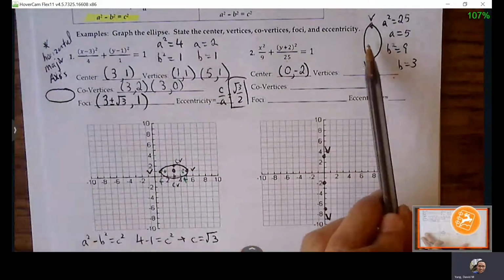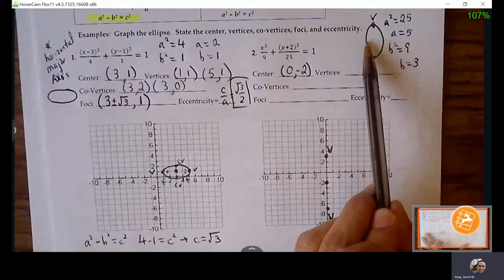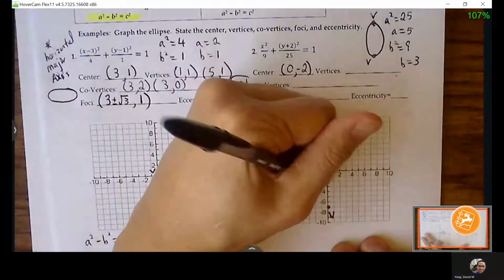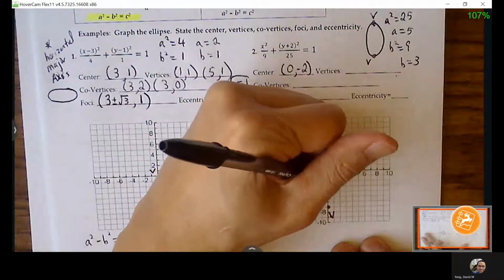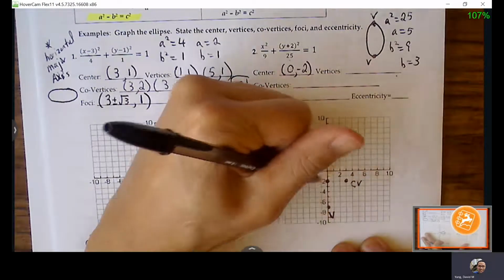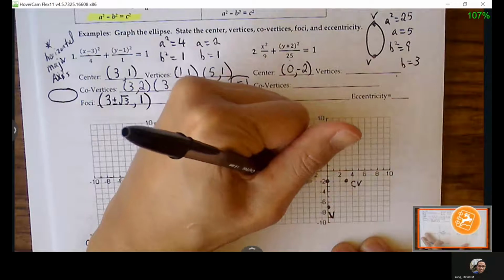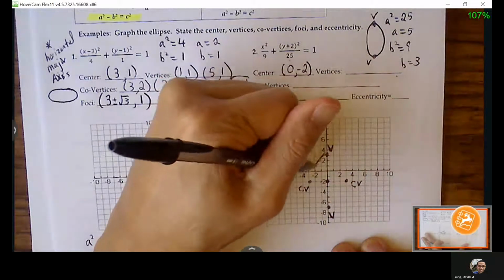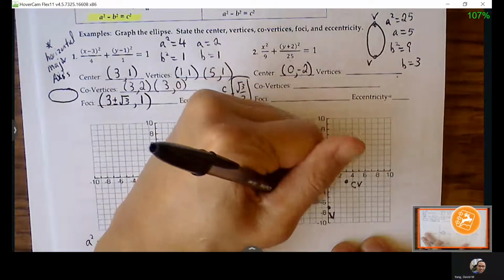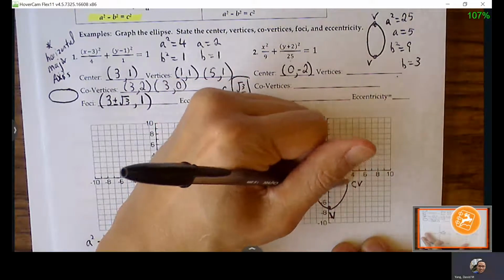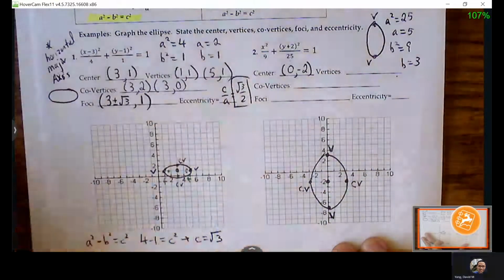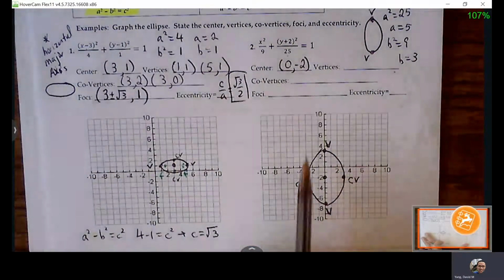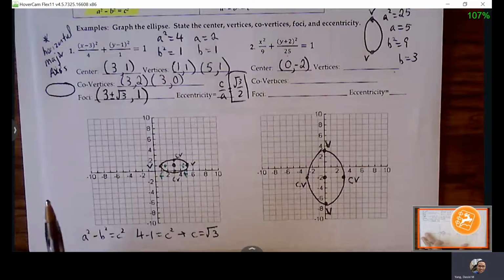My B value is 3, so that's going to tell me how far to move from the center to get to the co-vertices. Okay, so read your graph and identify those ordered pairs.